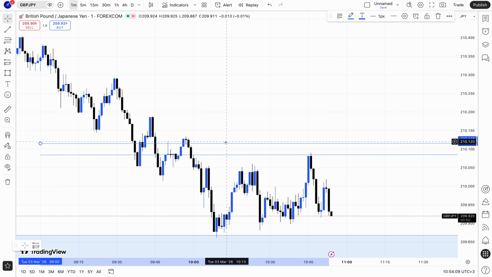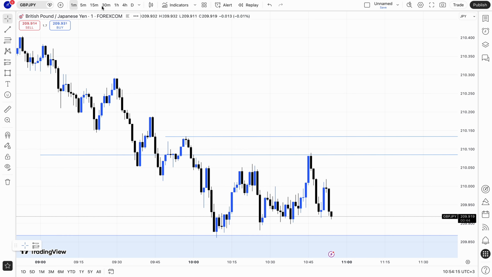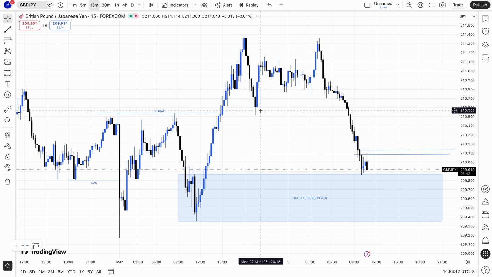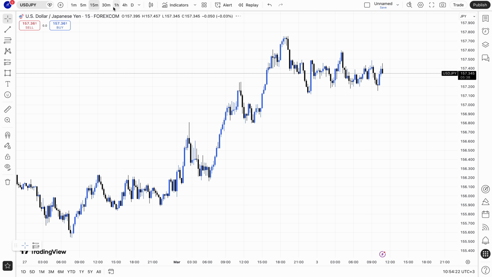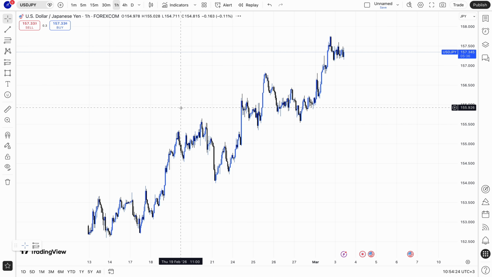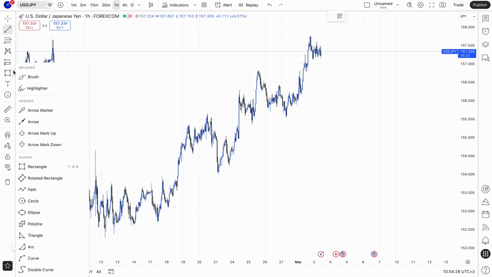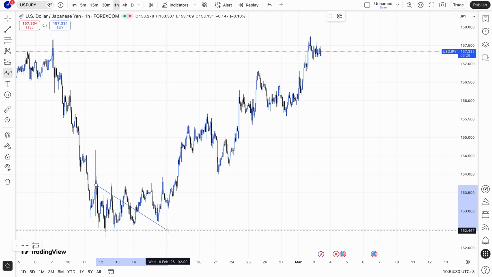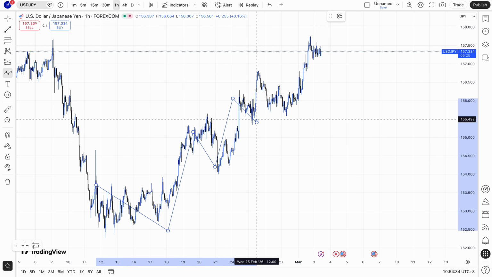You're going to wait patiently for the confirmation. That's the 1 minute shift. Then you can see the price was moving up.